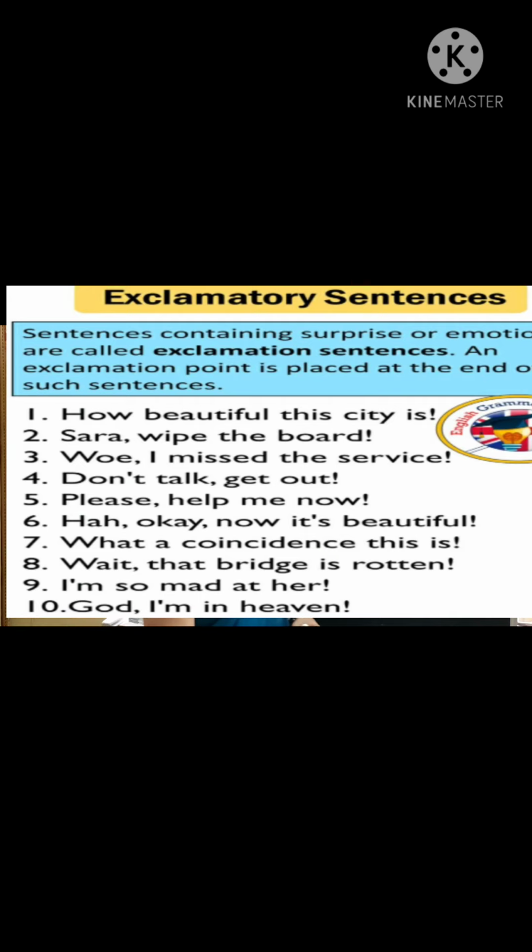Sometimes if you get an interjection followed by a statement, then you need not place an exclamation mark at the end of the sentence.